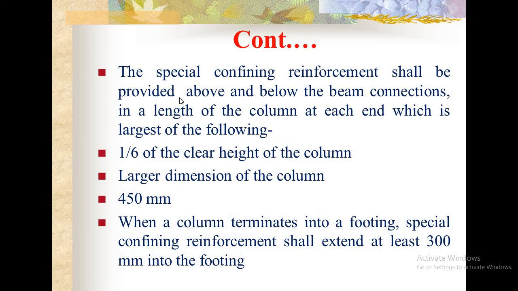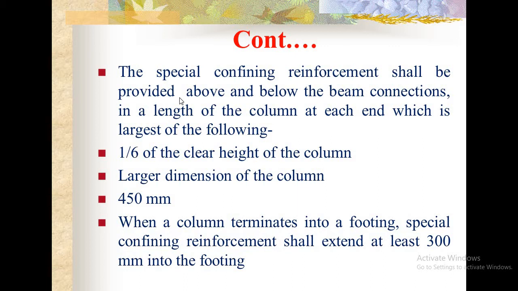The special confining reinforcement shall be provided above and below the beam connections in a length of column at each end which is the largest of the following: 1/6 of the clear height of the column, the larger dimension of the column, or 450 mm.